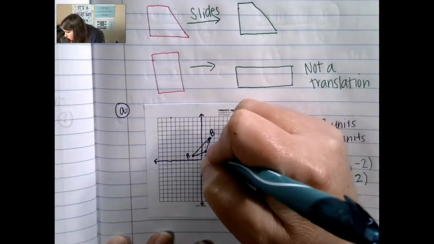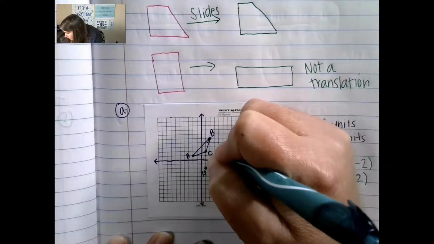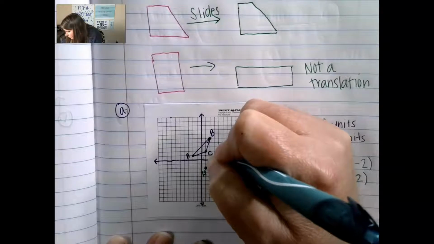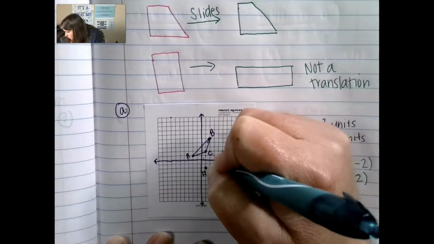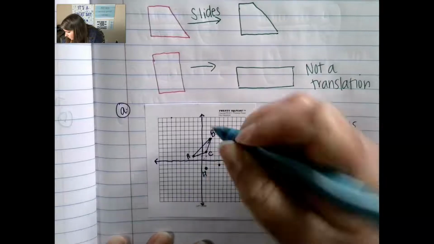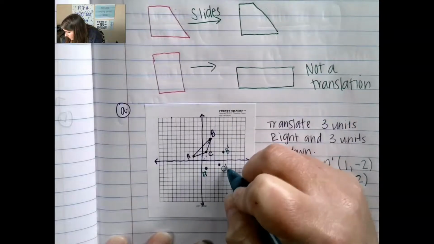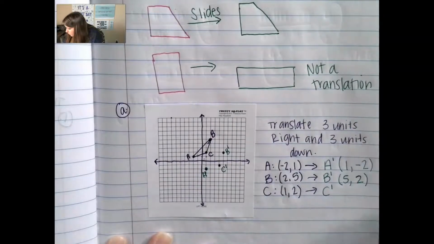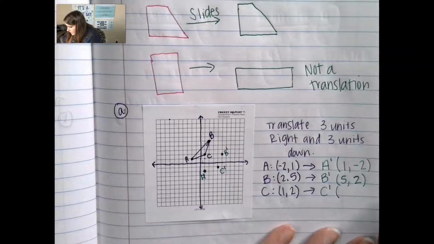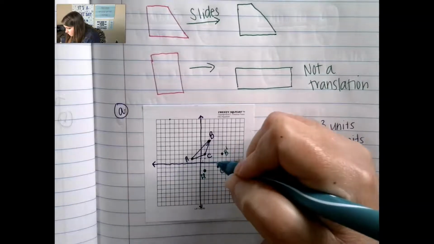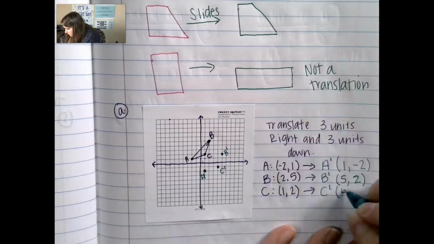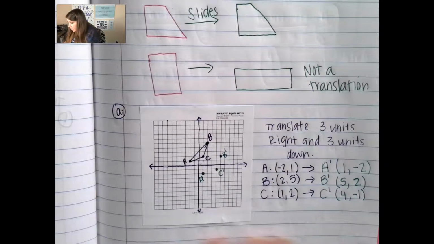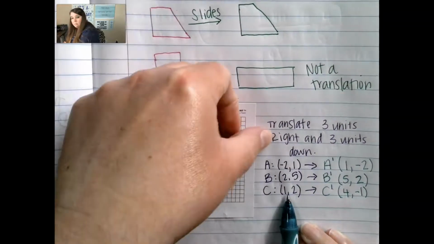So we're going to go over 1, 2, and 3, and then down 3. 1, 2, 3. So our new point C, C1, is located at 4, -1. So again, I could have just added 3 because I moved to the right.